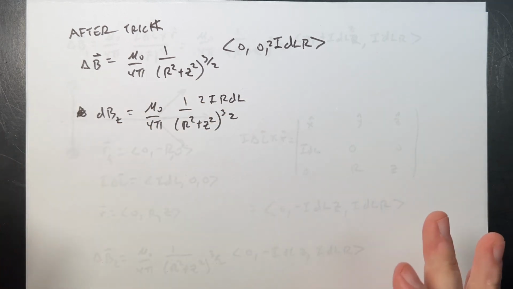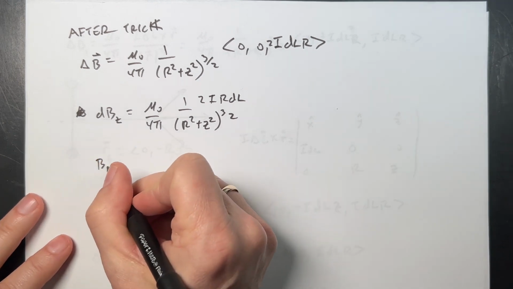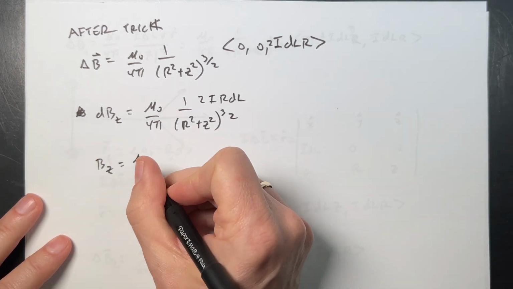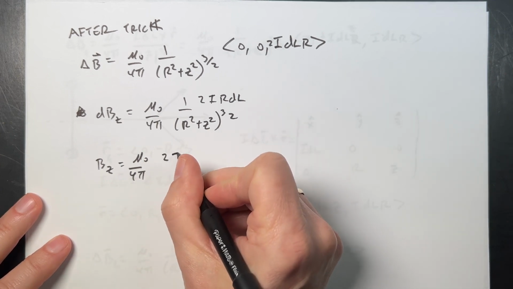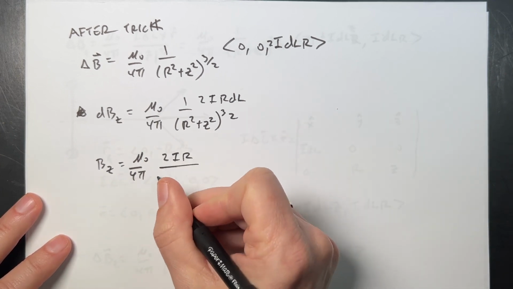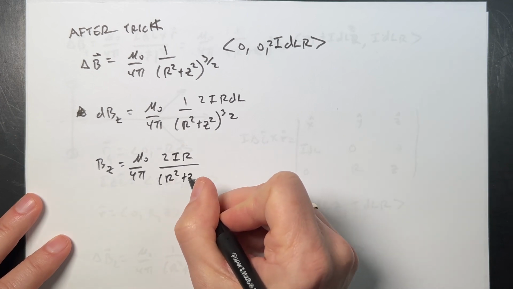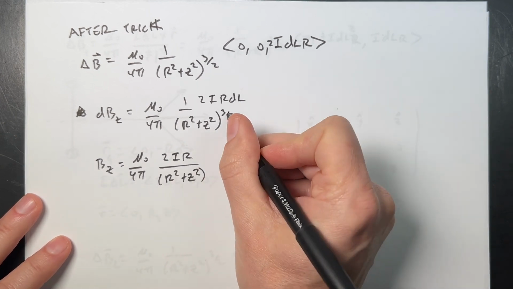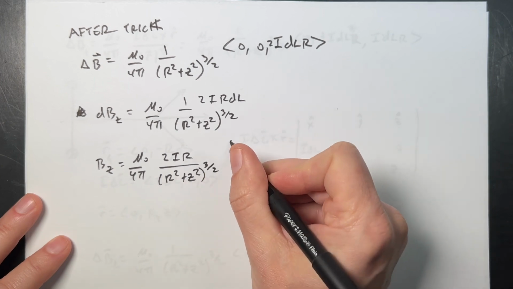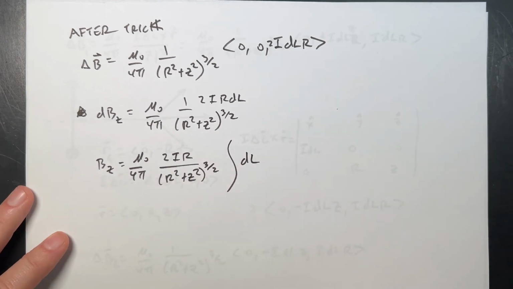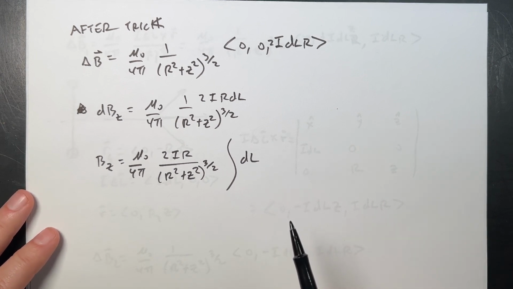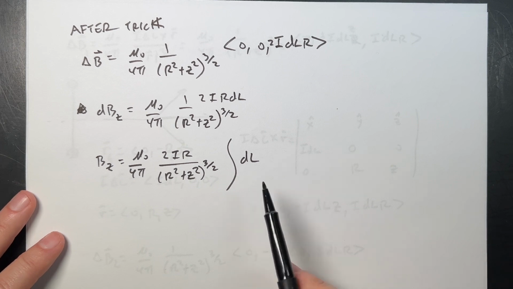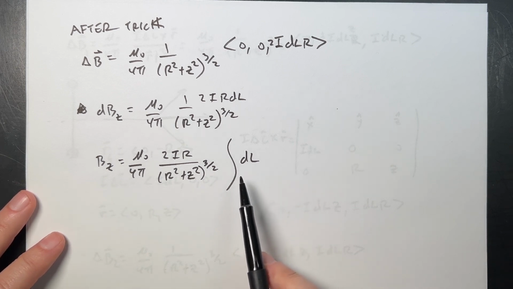So I actually can integrate this and just say Bz is, I'm going to pull out everything, mu naught over 4 pi, 2I r over r squared plus z squared to the 3 halves, the integral of dl. If I integrate this over dl, and I feel like I'm getting an extra 2 in there, but that's fine, I'm just going to get L, the length of the circle, right?